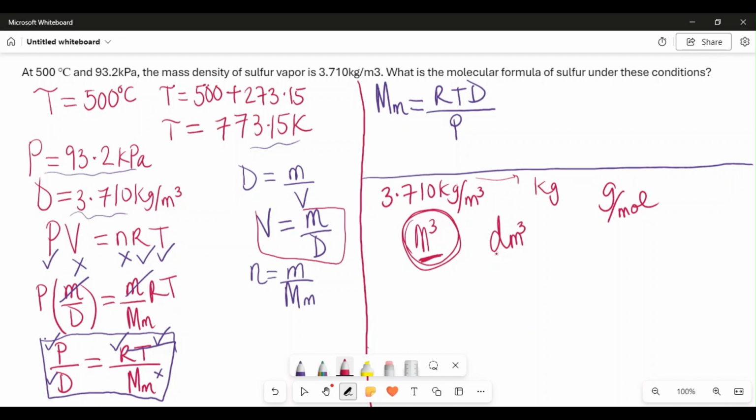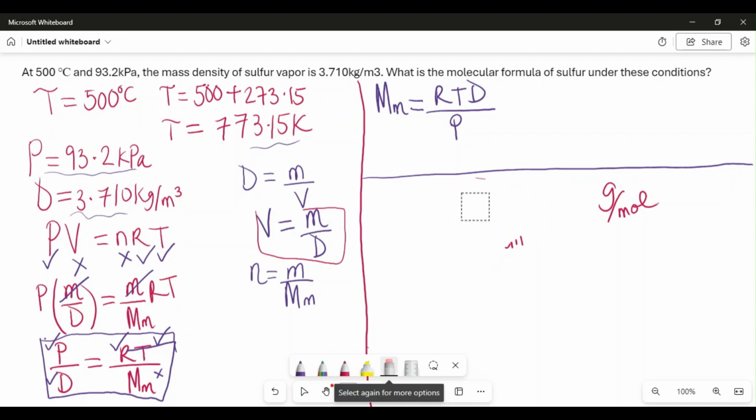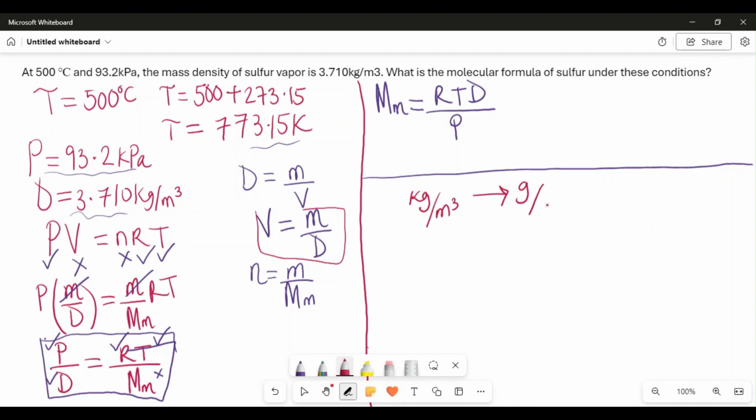So what this is teaching us now is that we have to go from having kilogram per meter cubed to gram per dm cubed, or you can also say gram per liter, because dm cubed is the same thing as liter. It's just that dm cubed is used more in the UK, and liter is used in the US.